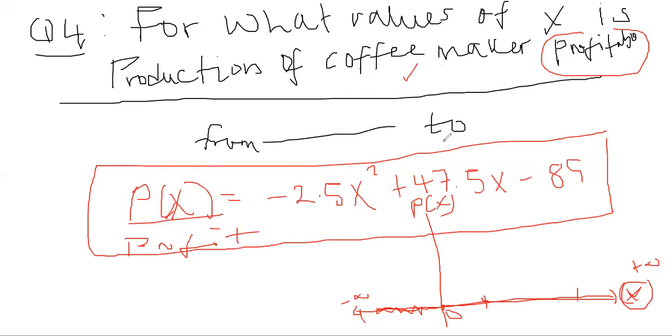So we have this. We just go on and try to solve this. The key here is to remember two conditions. One condition is that production is profitable when the profit function is greater than 0.